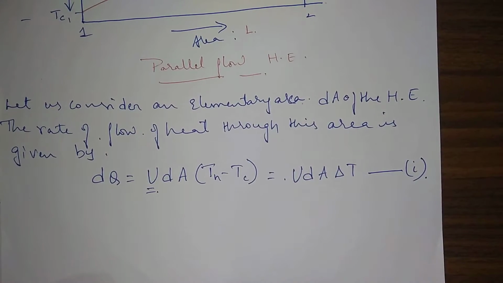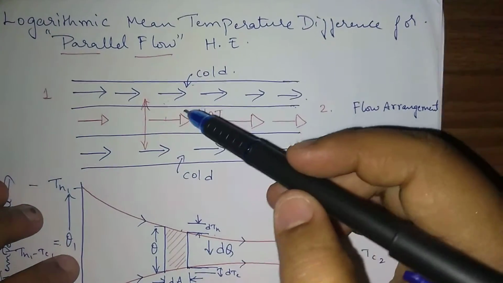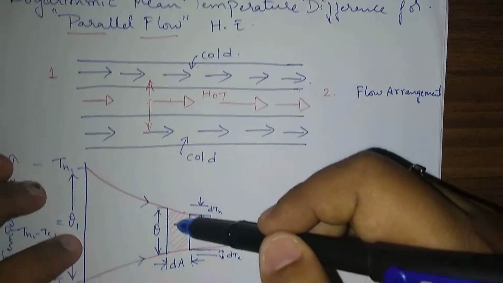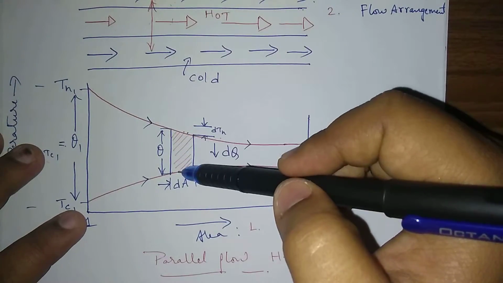Now if you observe what is happening, as a result of heat transfer dq through this small area dA, heat is transferring from the hot fluid to the cold fluid simultaneously.